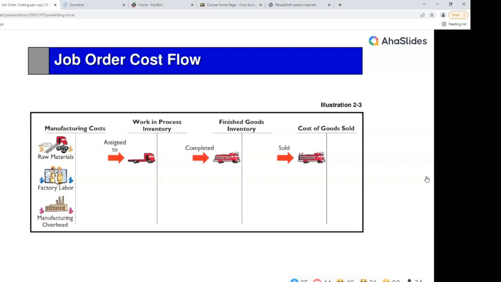Now, when I complete the product, I credit work in process and I debit finished goods. Then when I sell it, I credit finished goods and debit cost of goods sold. That's how the costs flow through the cost accounting system, or through the general ledger system.